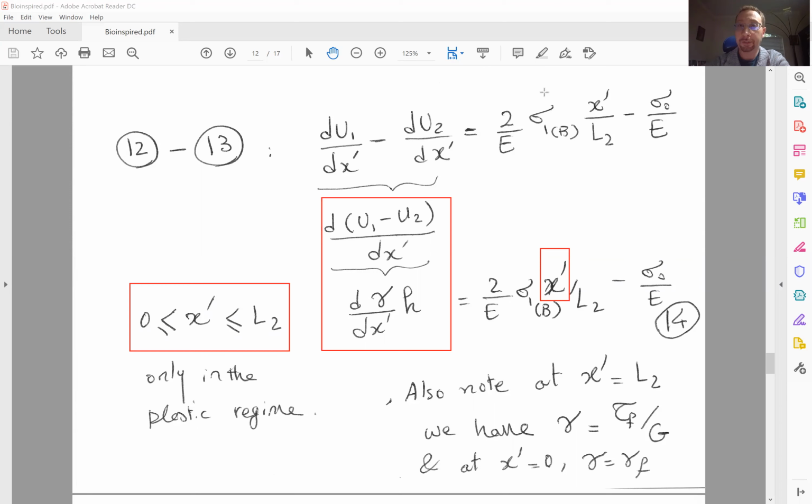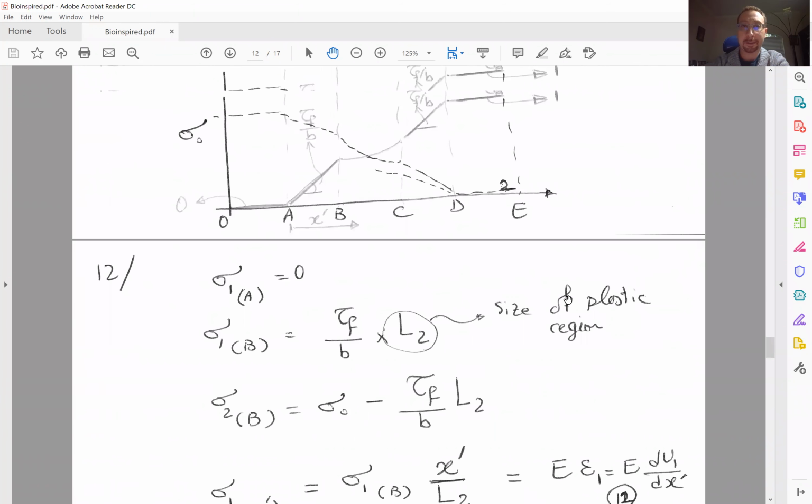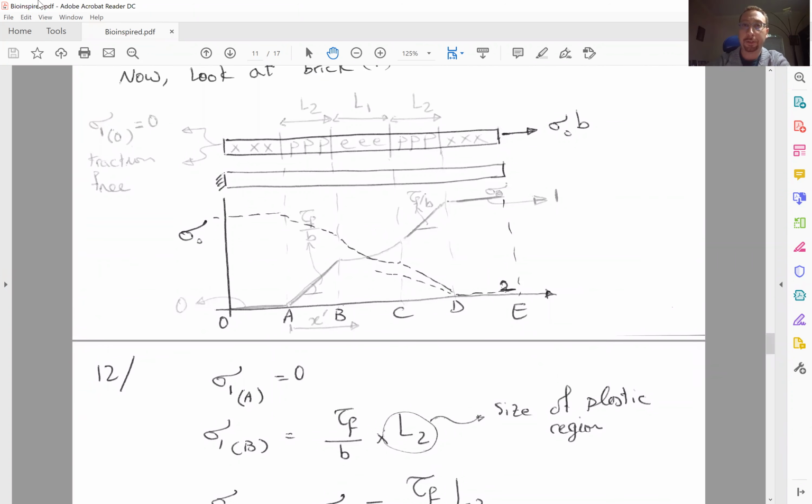But there are two very interesting things that I want you to pay attention to. This equation, equation 14, applies in this boundary. Let's see what this boundary tells us about gamma. This equation is valid, if I go back to page 11, from here to here, or from here to here, doesn't matter.